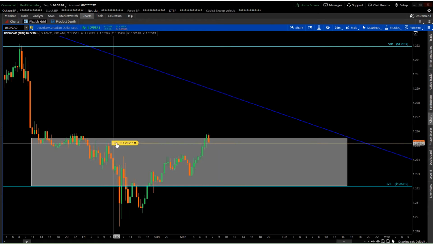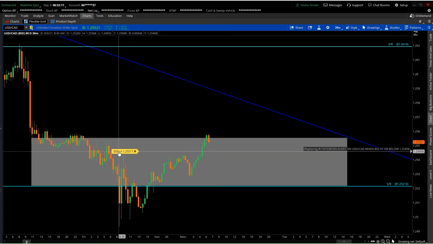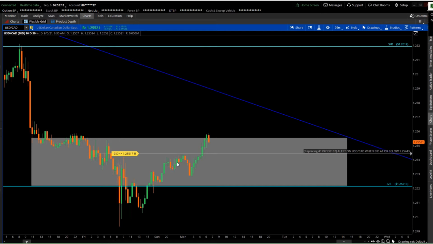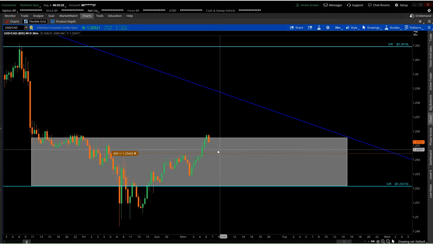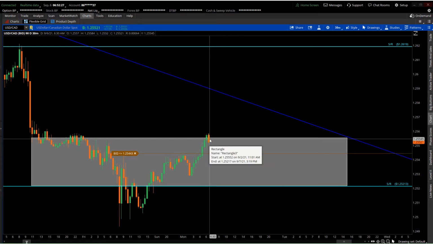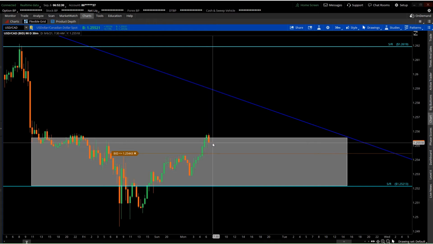But I'll just move this down a little bit, because this is just my notification to do an update to maybe possibly get out of the trade. So typically when I'm trading FX, I place a 15 or 18 pip stop.